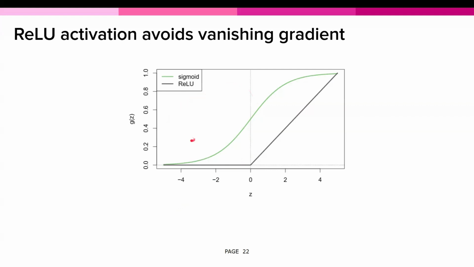The sigmoid function, for example, which maps its inputs, or its pre-activations, between 0 and 1, you can see that it's got a very shallow slope for large negative numbers or for large positive numbers. What that means is that this shallow slope is going to correspond to a small gradient value.